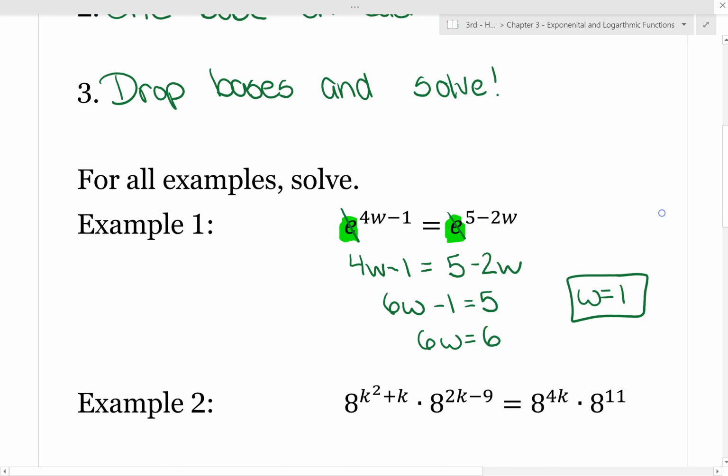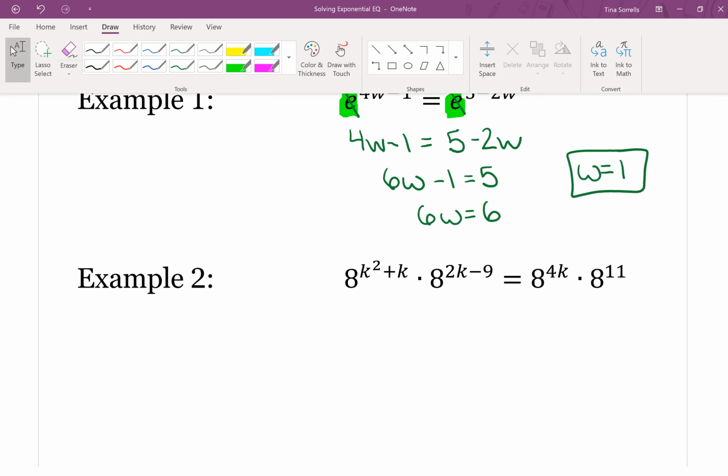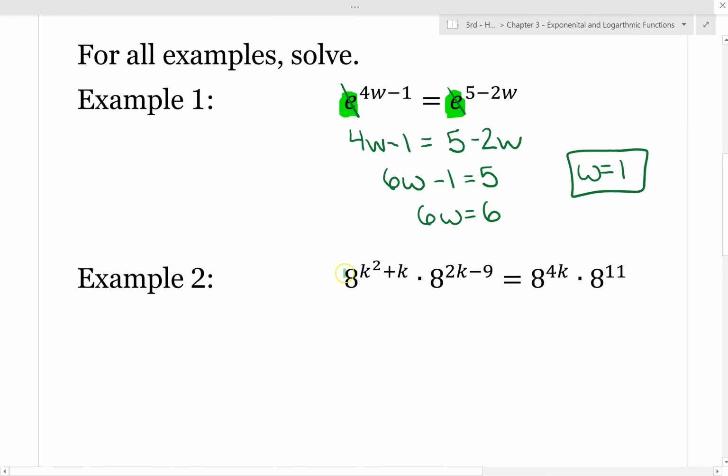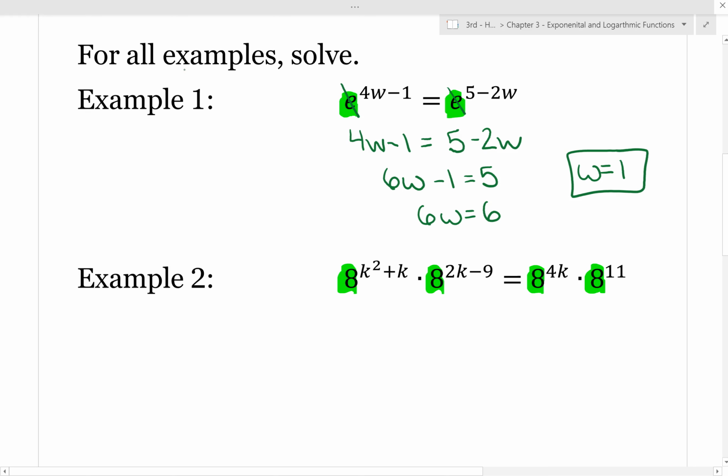So let's look at the next one. Okay. Next one looks a little scary just because we have so many bases. So we have a base of 8 here, a base of 8 here, base of 8, and a base of 8. But the good thing is they're all bases of 8. So when we multiply, we add exponents.